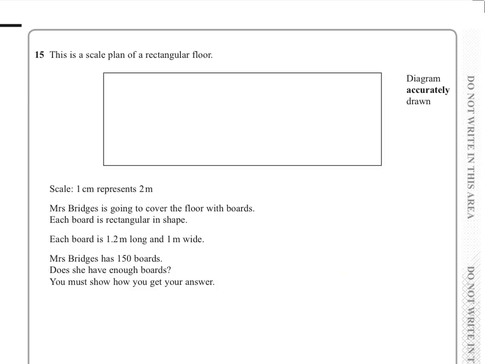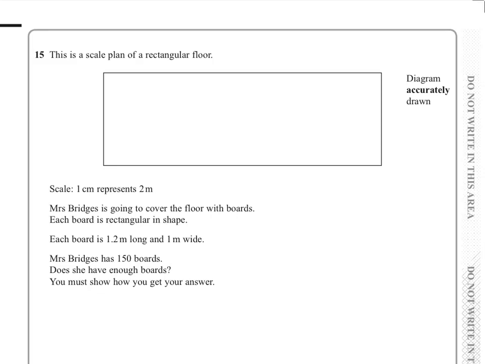Question 15. It says here this is a scale plan for a rectangular floor. The difficulty with this question and the fact that I'm using a computer is that I don't have a paper copy in front of me to measure. So the first thing that I'll do with this question is leave you to do some of the measurements yourself using a ruler and pencil.